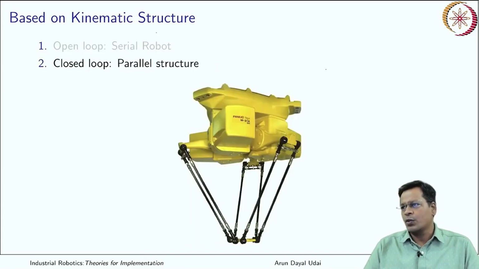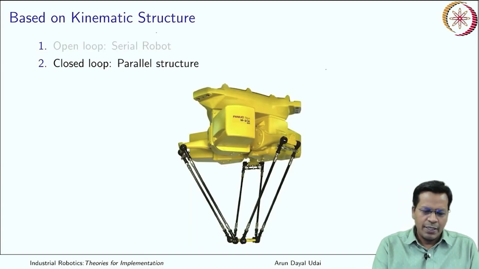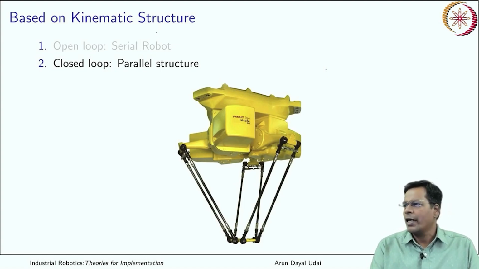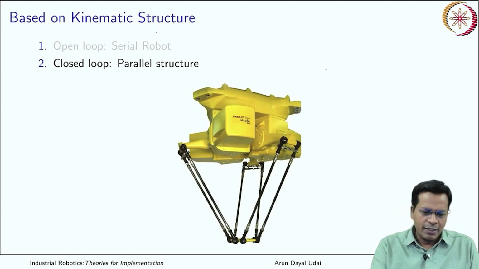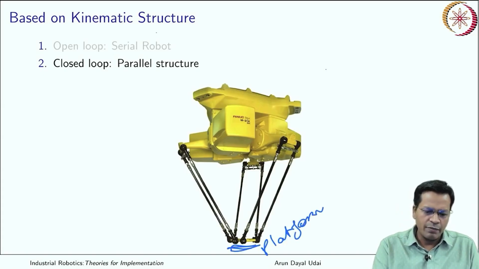And you can have a closed loop kind of robot which is a parallel robot. Over here what you see, it has multiple actuators, okay, and there is a platform. This is the platform which can move, and then you have an actuator which is over here, an actuator which is here, an actuator which is here.